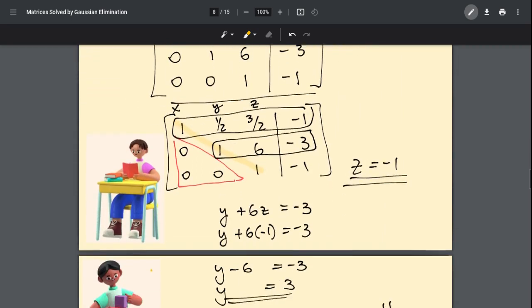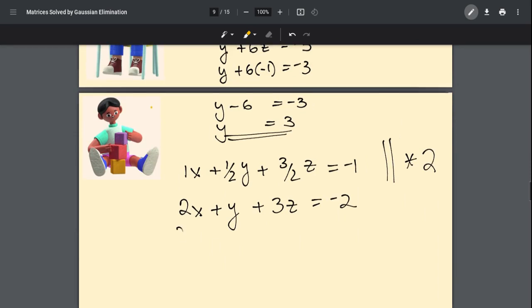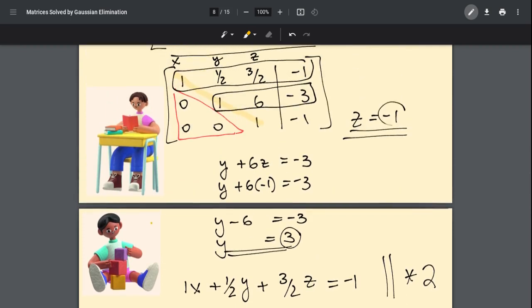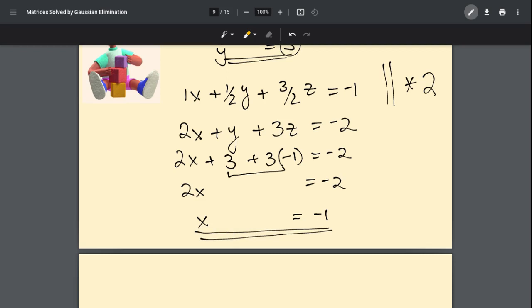Let's go back up into the table to show you that that is exactly what this was saying, not surprisingly so. So this is where you could have plugged in your values right away, and that's what we're going to do. Plugging in the 3 now, plus 3 times, plugging in the -1 now, -1 equals -2. 2x, oh yeah, look, that just dropped out, so that's equal to -2, x is -1, and that's it.